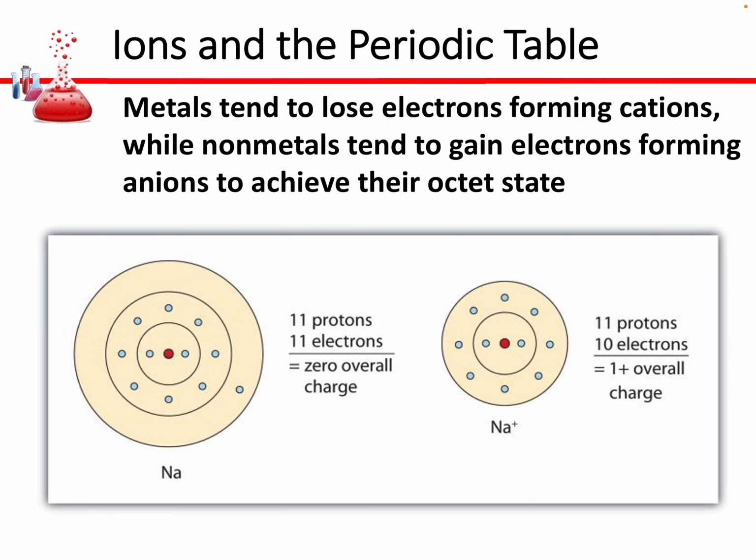So depending on the element, we are going to drop the end of the element name and replace it with "ide." So for chlorine, for example, when it gains an electron, we change its name from chlorine to chloride ion, right? So it'll lose the INE, it'll gain an IDE and become chloride.